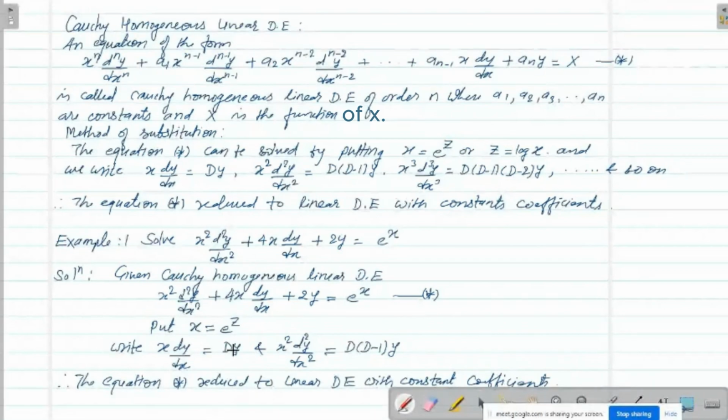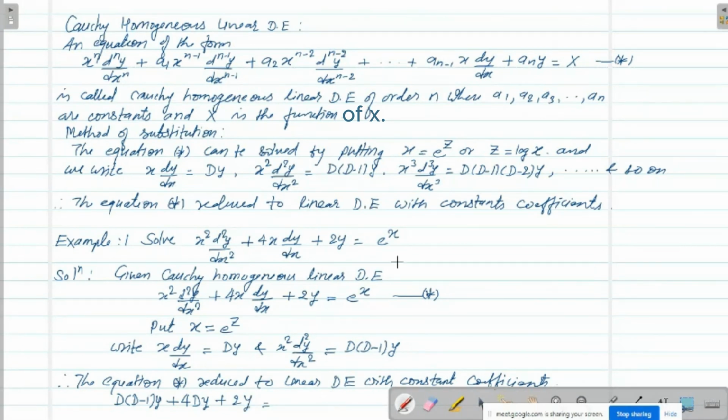Just substitute this. Instead of x square d square y by dx square we put D(D minus 1)y, and plus 4, as it is, we are not putting the value of 4. x dy by dx is what? Dy. And plus 2y as it is.